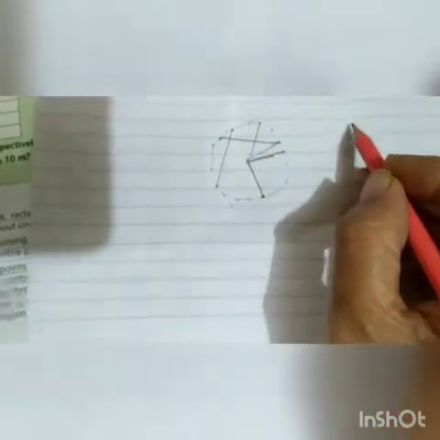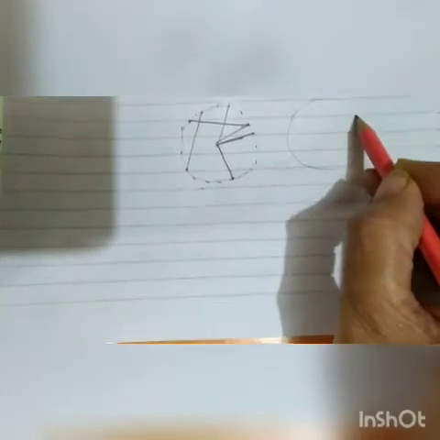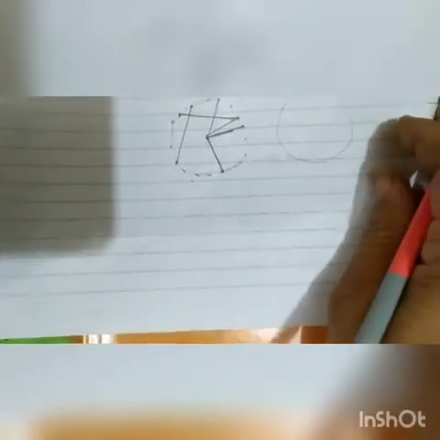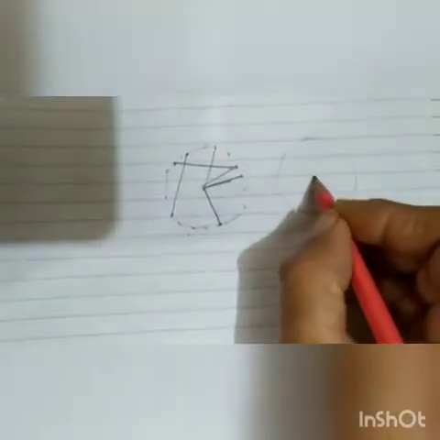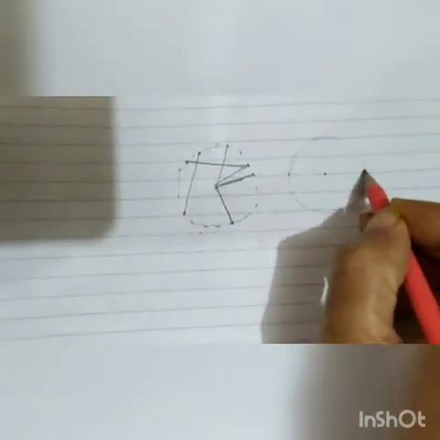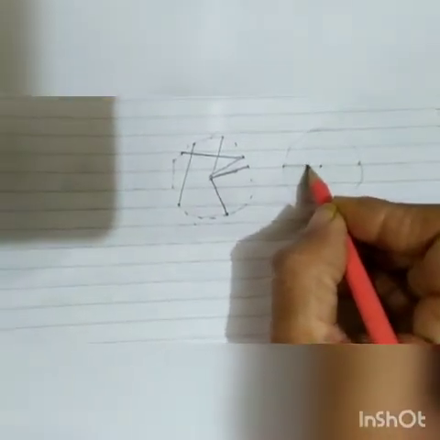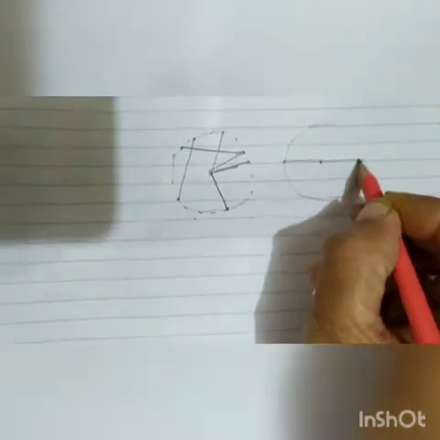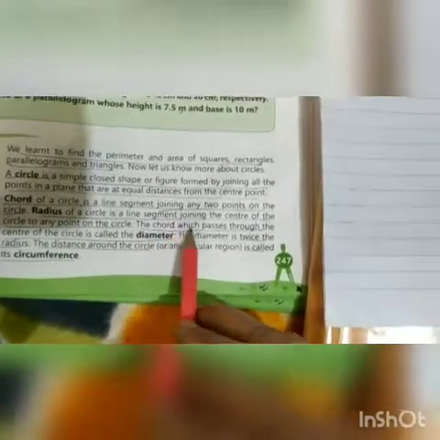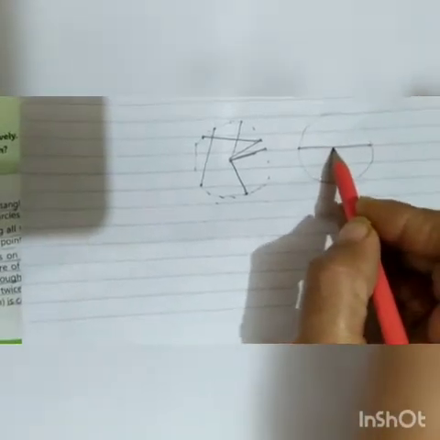But suppose I take one more circle like this, and if this is the center, I take one point on this side and another point here. When I join these 2 points, this line segment is passing through the center. So this is also a chord, but this chord is passing through the center.